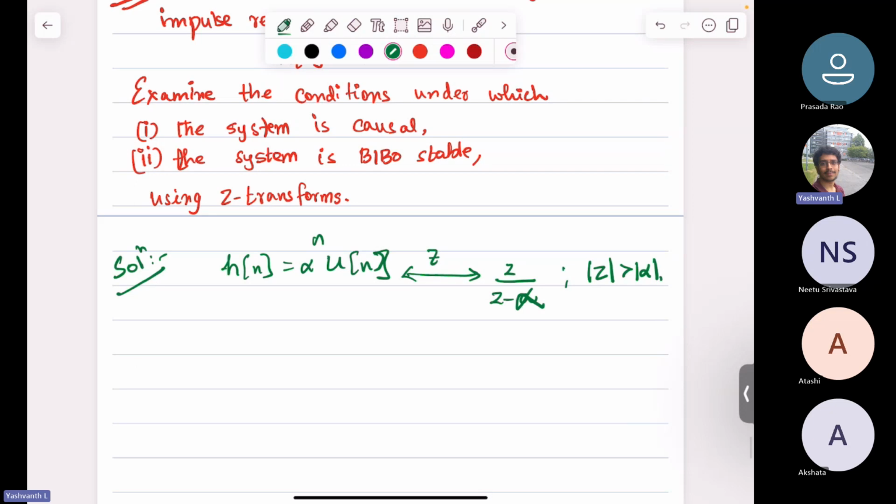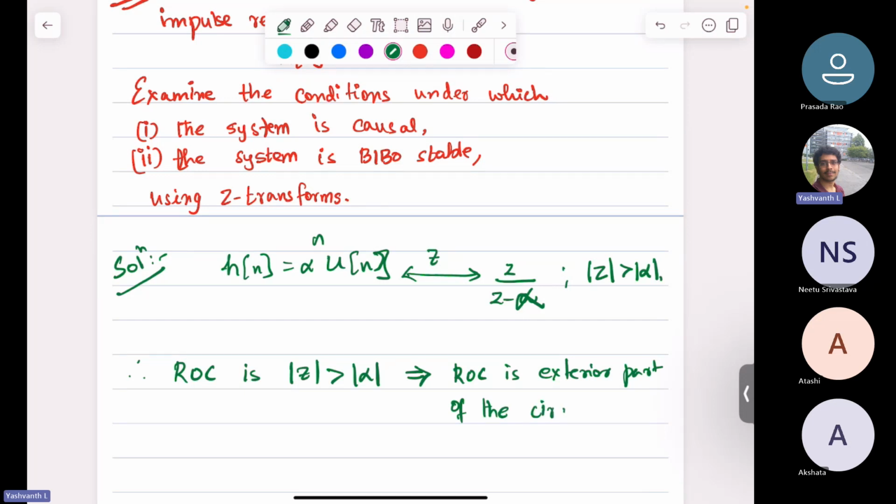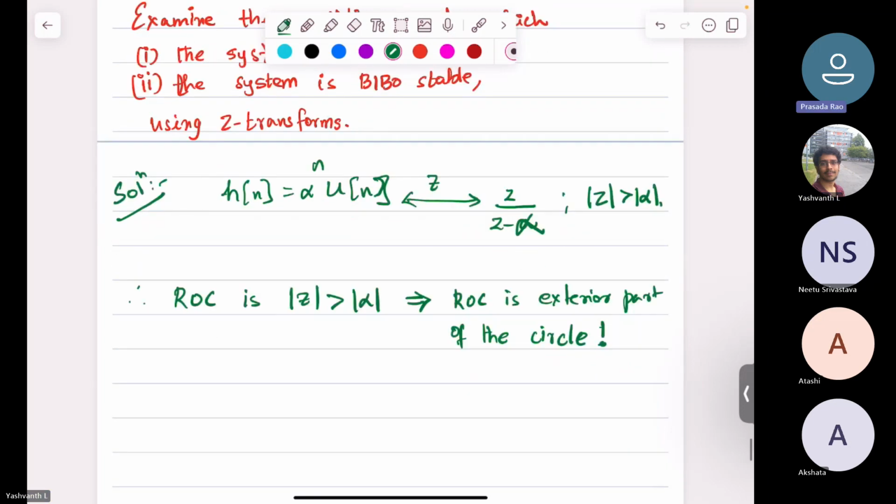Therefore the ROC is mod z greater than mod alpha, which implies the ROC is the exterior part of the circle. Then tell me, is the system stable, causal? Yes, sir. Therefore, yes, the system is causal for any value of alpha.